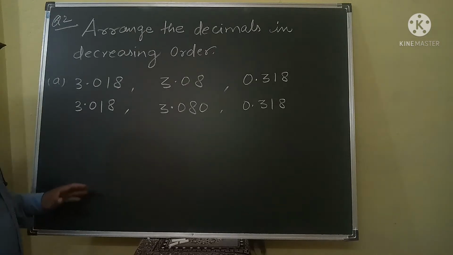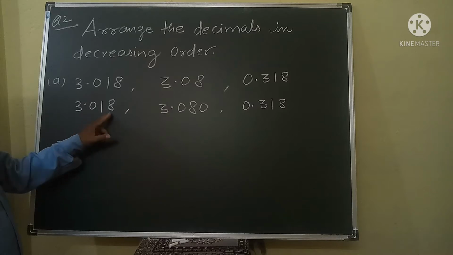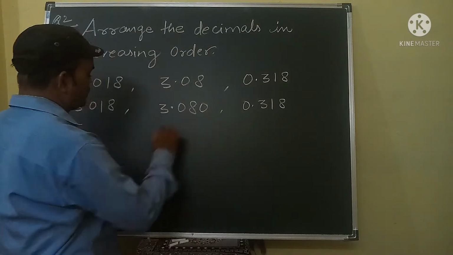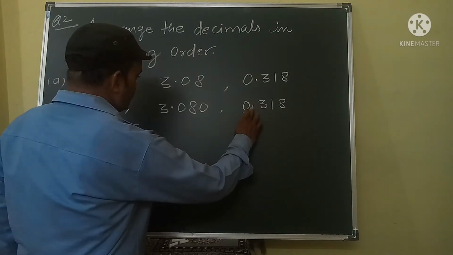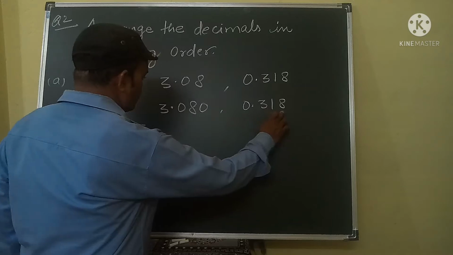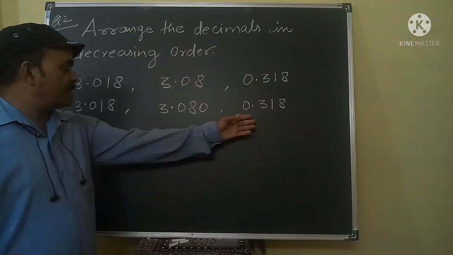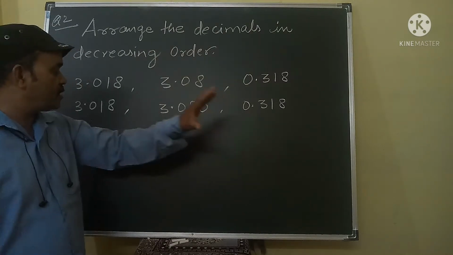So as you are looking, after the decimal point there are 3 digits. Now in the third decimal number, after the decimal point there are 3 digits. That means these are like decimals.